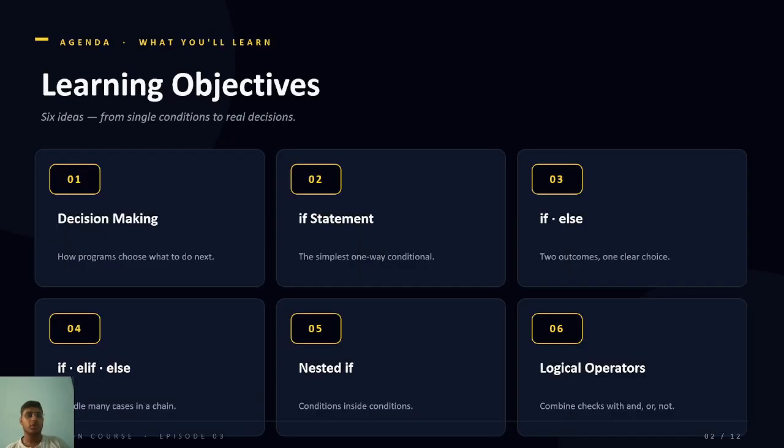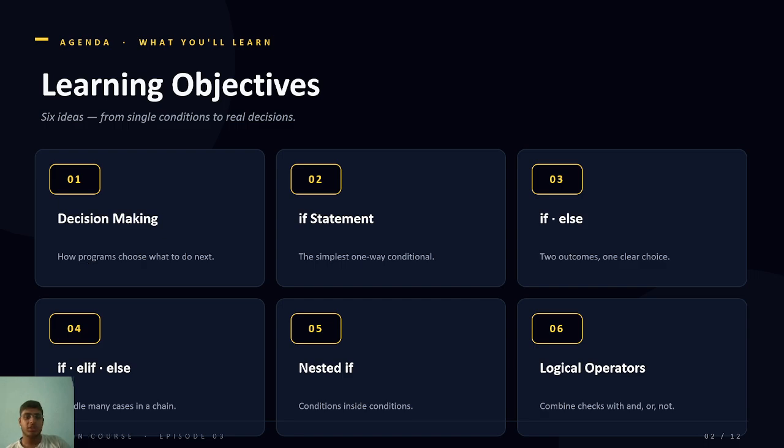So today's learning objectives are decision making, if statements, if else statements, if elif else statements, nested if, and logical operators. Decision making: how programs choose what to do next.